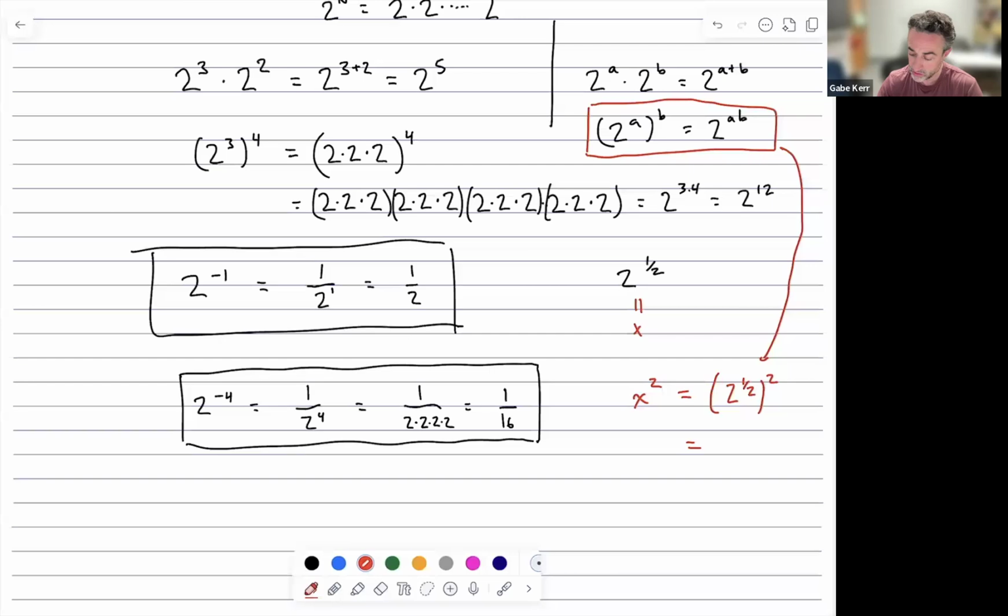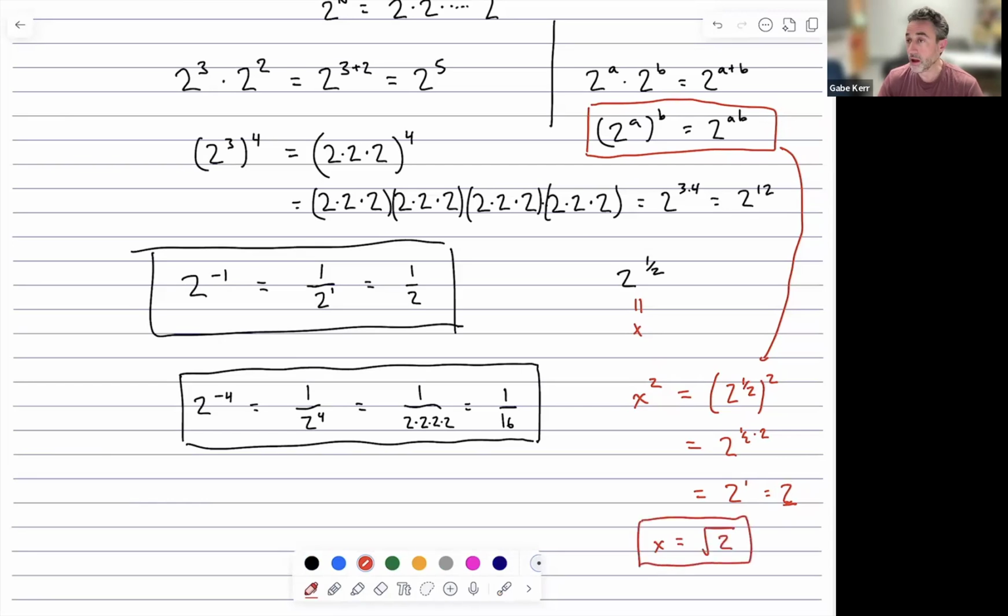So this should be 2 to the 1/2 times 2, which is 2 to the 1, which is 2. So whatever x is, x squared is 2. And usually what we call that then is the square root of 2.